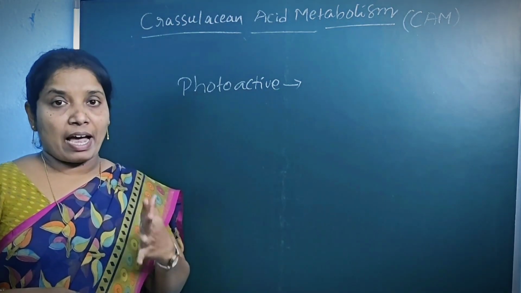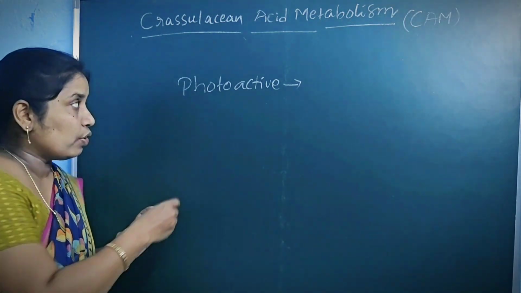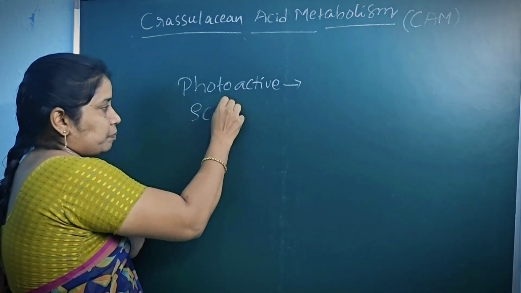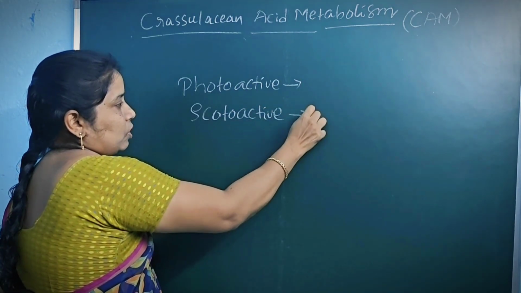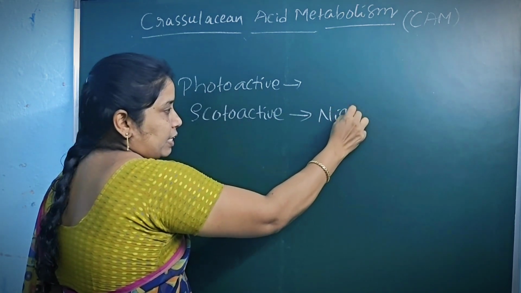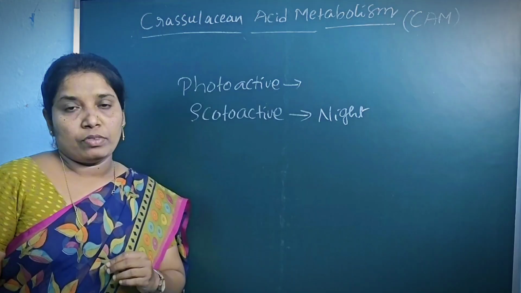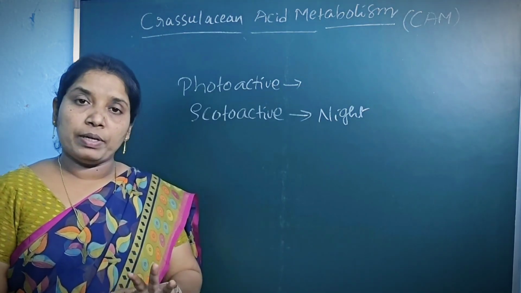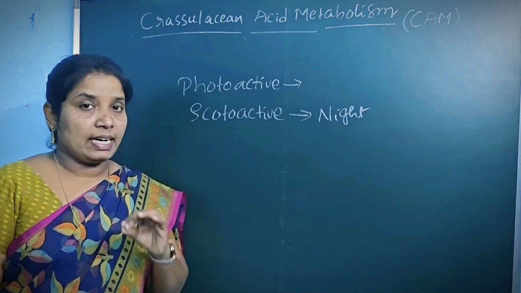But in the case of CAM plants, they have a special stomata, scotoactive stomata. Scotoactive means they open during the night time. Photoactive means they open during the daytime, and scotoactive means they open during the night time.